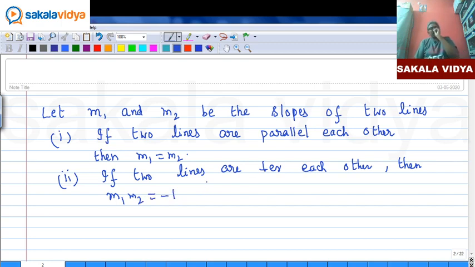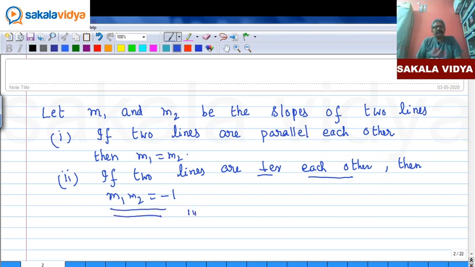But one thing, m1 and m2 here are slopes of non-vertical lines, because for example, x axis and y axis we need to take as an axiom, that is all. Other than horizontal and vertical lines, if the two lines are perpendicular to each other, then the product of the slopes is equal to -1.